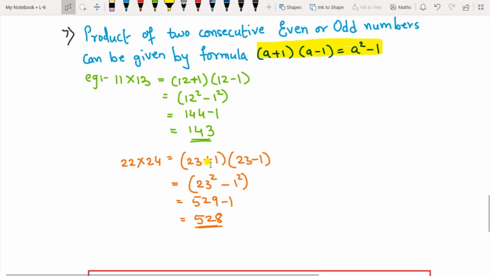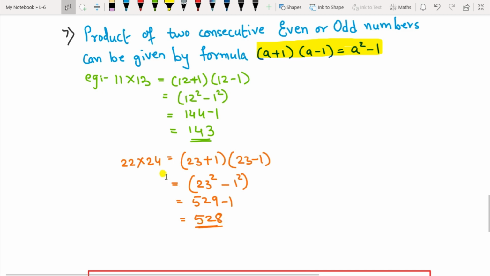So 23 plus 1 becomes 24 and 23 minus 1 becomes 22. So this 23 should be the same here and this 1 should be the same here. Only the difference is plus and minus. So that becomes 23 square minus 1 square, that gives you the answer 528.